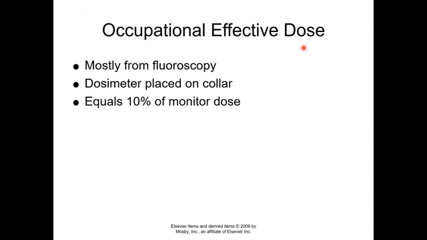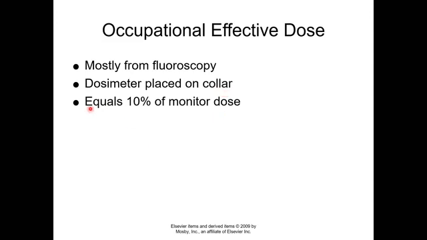Occupational effective dose, we normally get most of our dose from fluoro, from the C-arm, which is fluoro, or from portables, so mobile X-ray. That's usually where we're going to get our occupational exposure from. Usually in fluoro cases, we have our dosimeter, or our film badge, placed on our collar, so it's outside of the lead.